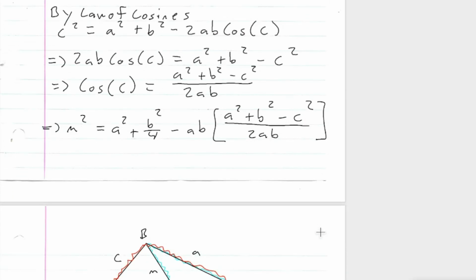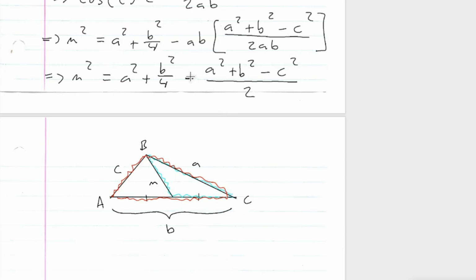Now, this gives me m squared is equal to a squared plus b squared over 4, and then ab divided by ab turns into 1. So we're left with minus a squared plus b squared minus c squared all over 2.